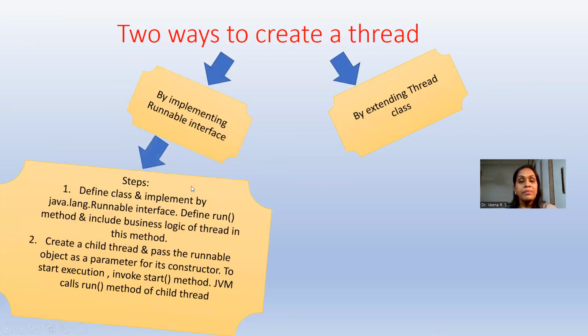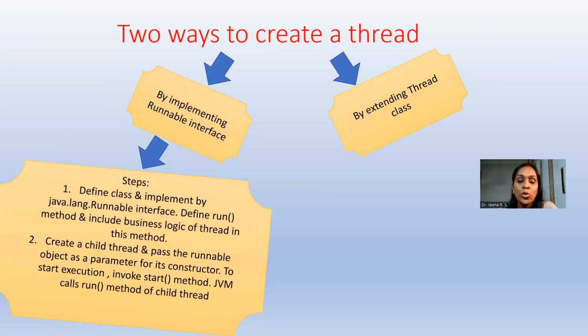So when I say that by implementing the Runnable interface you want to create a thread, what are the steps we should follow? The first step is you should define a class and implement that class from the Runnable interface. And the Runnable interface is basically stored in the package java.lang. And in that class, you should also define a run method.